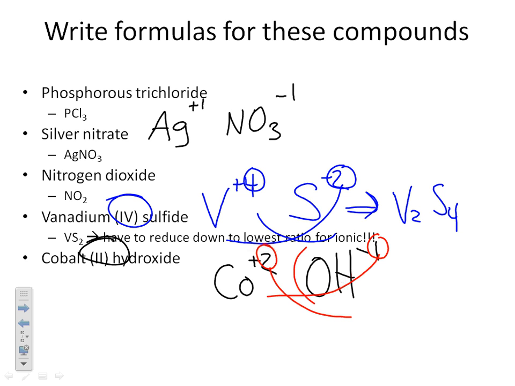Remember, we need to use parentheses and put that 2 on the outside of the parentheses, because that's how we indicate that we've got 2 of those OHs. If we didn't use parentheses, then the 2 would only apply to the hydrogen and not the oxygen. It needs to apply to both. It needs to say that we need 2 of these entire big units. So the formula: Co(OH)2, cobalt-2 hydroxide.